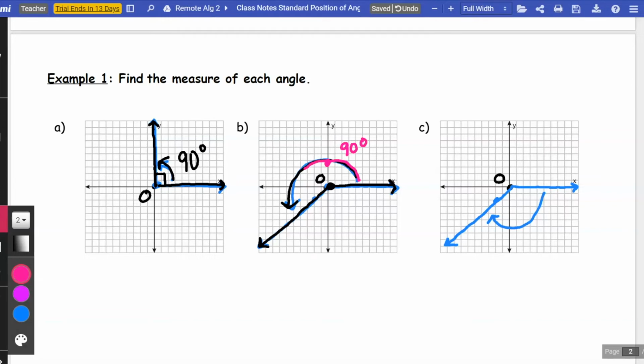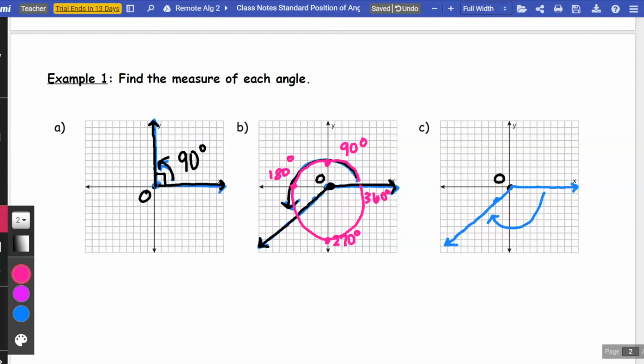If we had stopped here, we would have a 180-degree angle. And if we had stopped here, we would have a 270-degree rotation. So what would it be if we had gone all the way back to our initial side and had our terminal side overlap? It'd give us a full 360-degree angle.